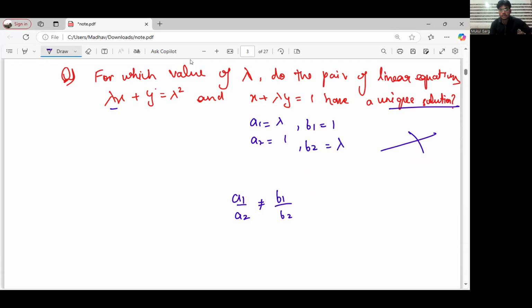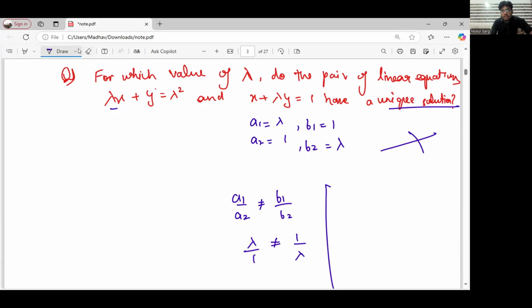All right. So it's a unique solution. Now I'm going to put down the values here. Lambda upon 1 does not equal 1 upon lambda. Now, how to solve this type of equation? This is an inequality, not equality. So we solve it using the same concept as for an equation.